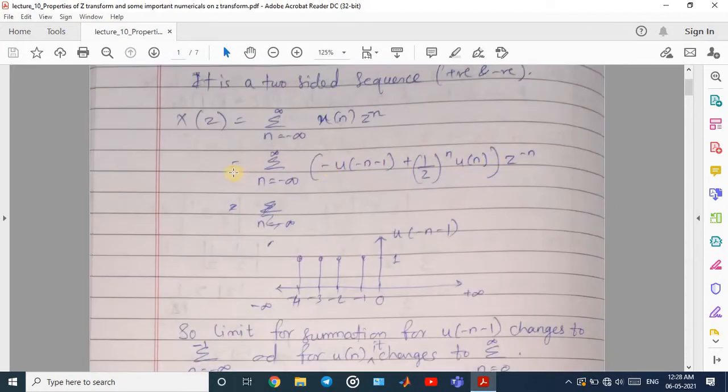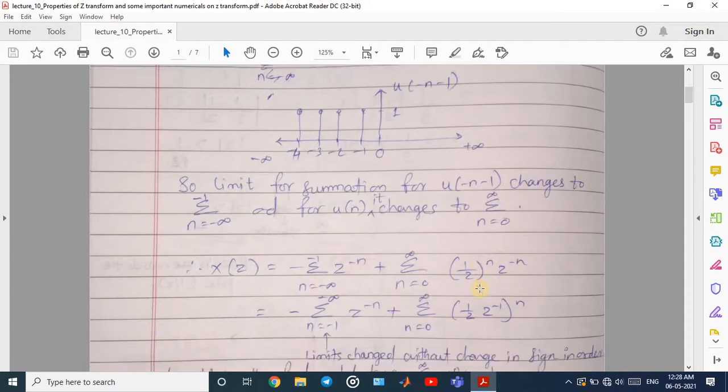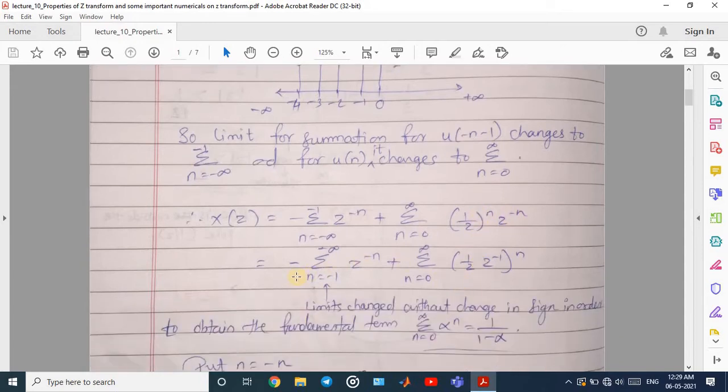So take the minus outside. Minus is taken outside, summation of n equals minus infinity to minus 1 of z to the power minus n as it is. Then the second summation, n equals 0 to infinity of 1 upon 2 to the power n z to the power minus n. In the next step we can exchange the limits.